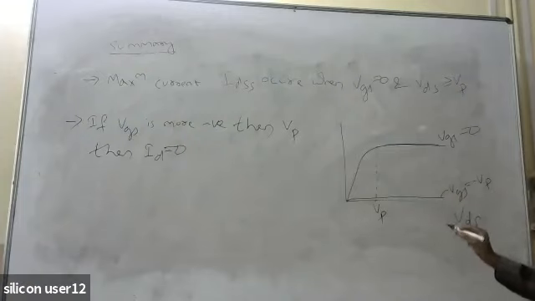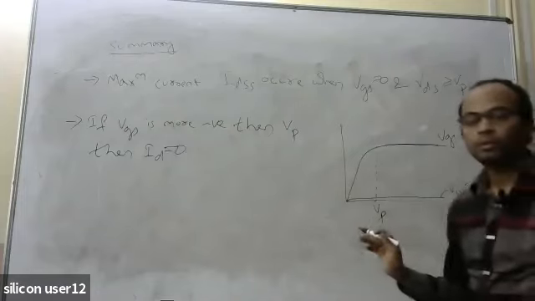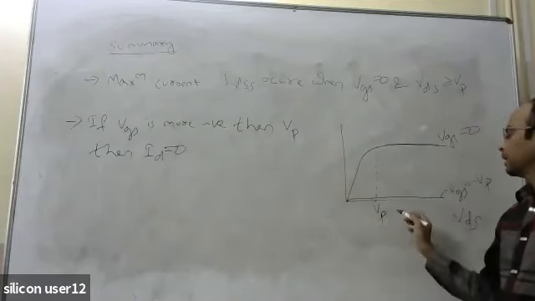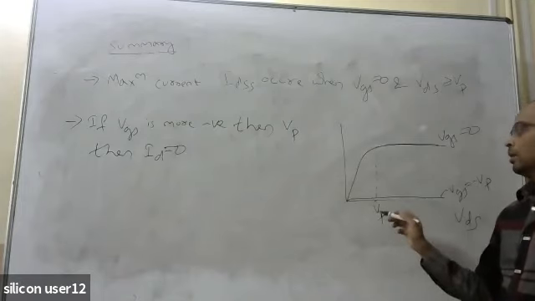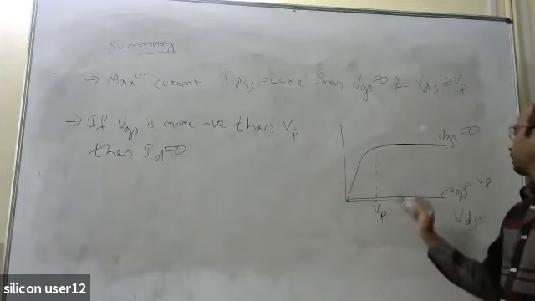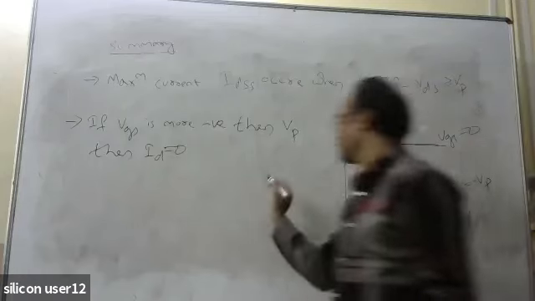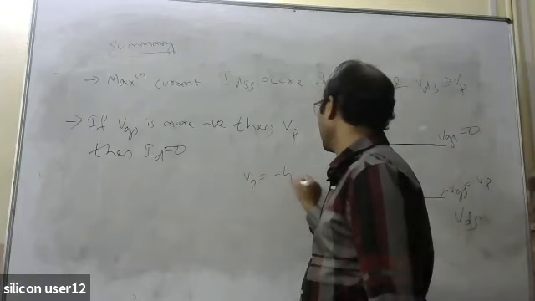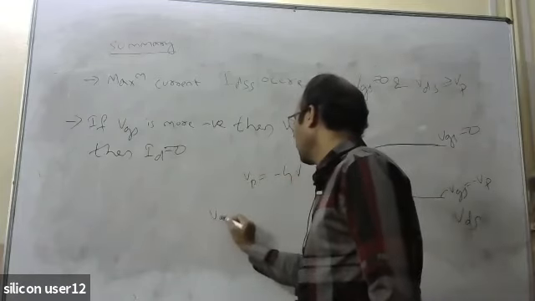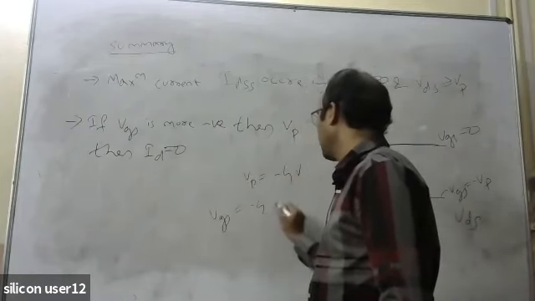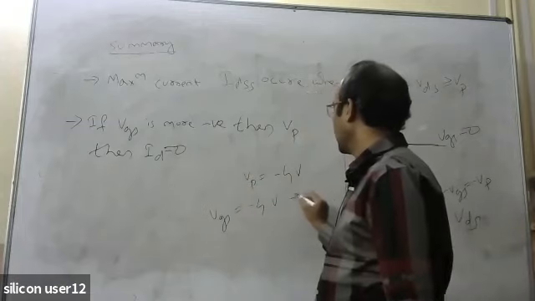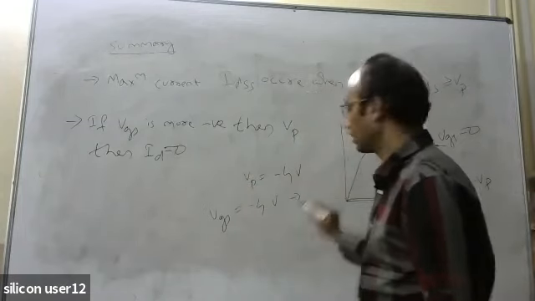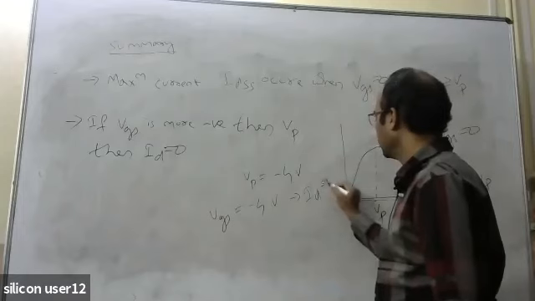At that time what will happen? The channel or depletion region will touch each other and the current will not flow. So it is saying that if your VGS is more negative than VP, that means if your VP is equal to minus 4 volt and VGS equal to minus 4 volt, at that time the depletion regions touch each other and ID equal to 0.